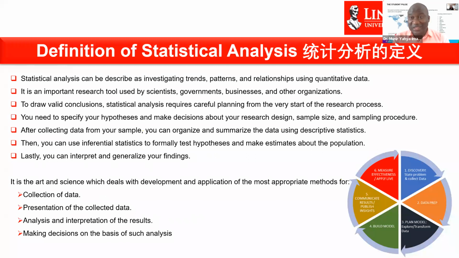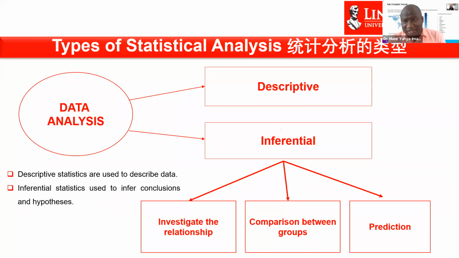After you have collected your data, you still have to clean the data. After you have cleaned that data, then you can move to analysis. But what statistical analysis is, is what I've just been describing here. Now, we have various types of statistical analysis. Basically, when we talk about data analysis, we have two major categories.